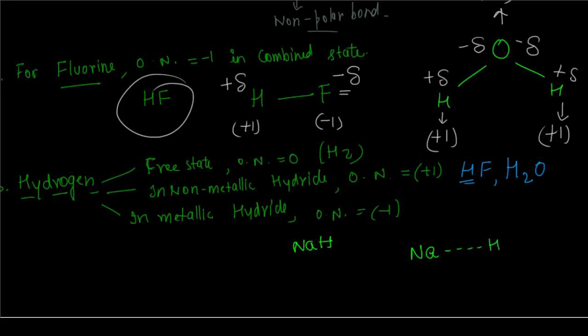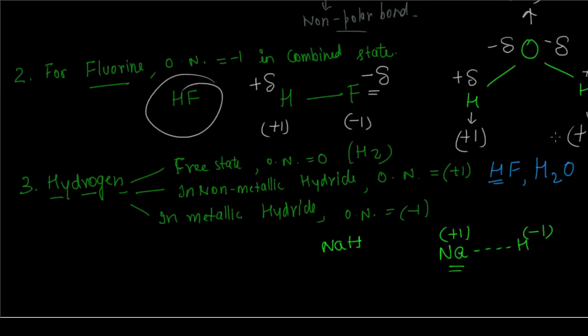This hydrogen will show its -1 state by gaining 1 electron and forming an ionic bond with sodium, and sodium will exhibit a +1 oxidation state because it is a very strong electropositive metal. Especially sodium, being an alkali metal, is the most electropositive. That is it for hydrogen.